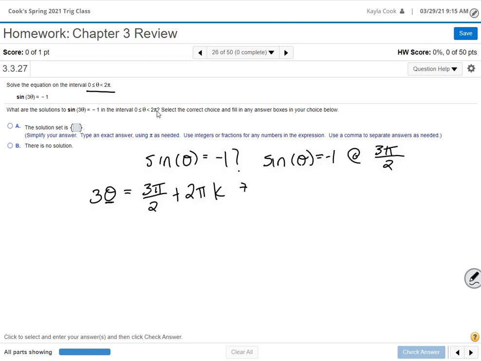So theta is going to be 3 pi over 6 plus 2 pi over 3 times some integer k. To simplify that first term, 3 pi over 6 is 1/2 pi, plus 2 pi over 3 times k.